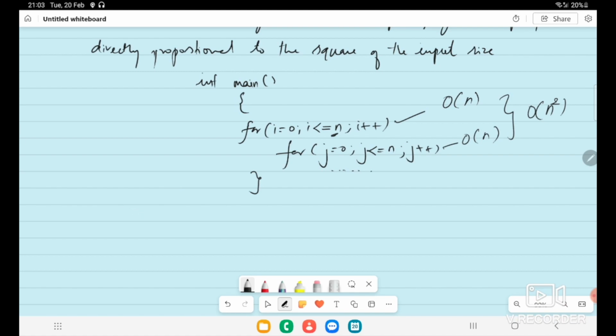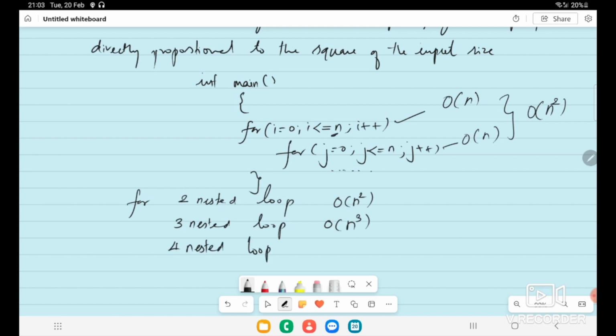In general, we can say that for two nested for loops, or any two nested loops, not necessarily for, the complexity is order of n square, and for three nested loops, the complexity is order of n cube, and for four nested loops, the time complexity is order of n power 4.